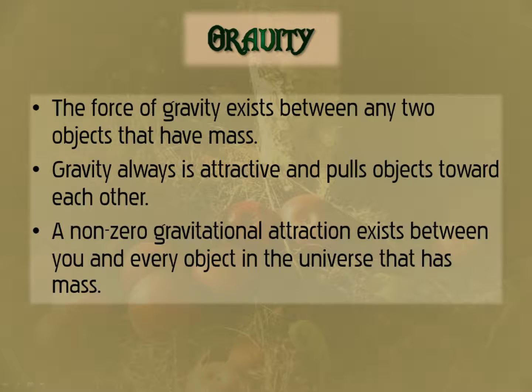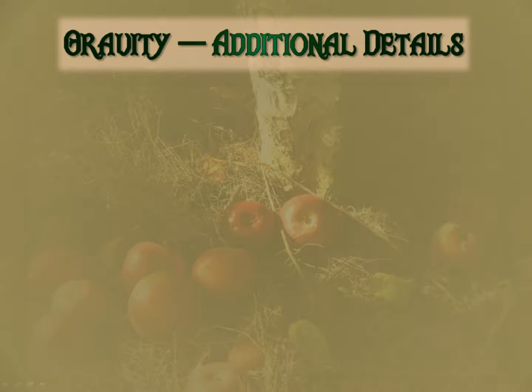As far as we can tell, gravity has infinite range, so the gravitational attraction between any two objects in the universe is greater than 0, no matter how far apart they are, which is a pretty mental concept when you think about it.